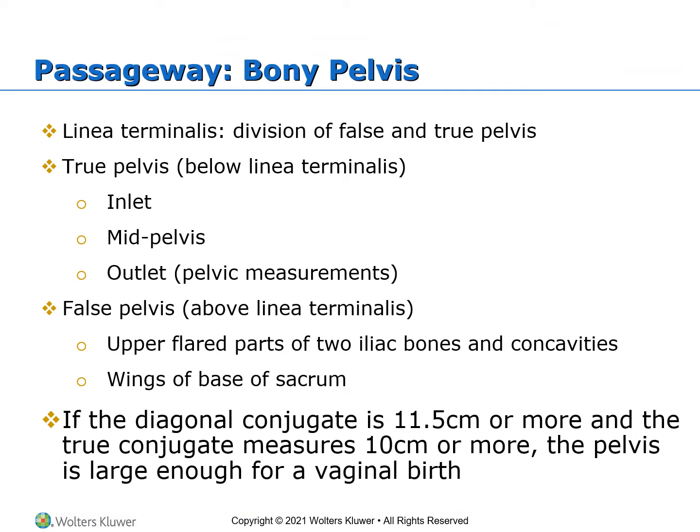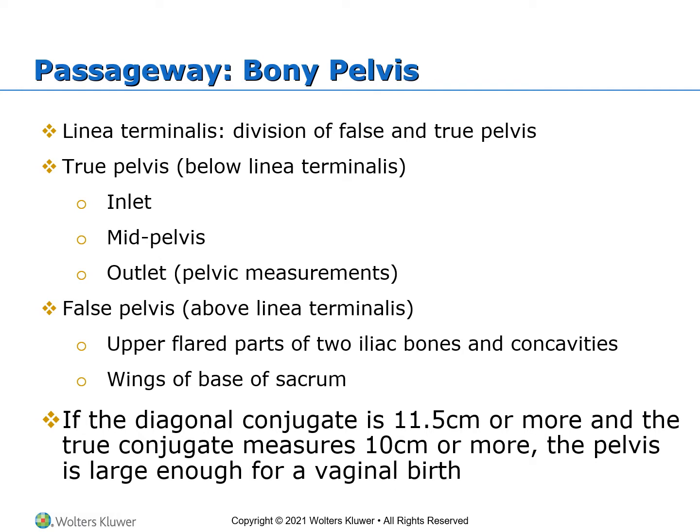So the passageway, think of it as the car or the birth canal, which holds the passengers, which are the fetus and the placenta. It has to be able to allow the baby to come through.